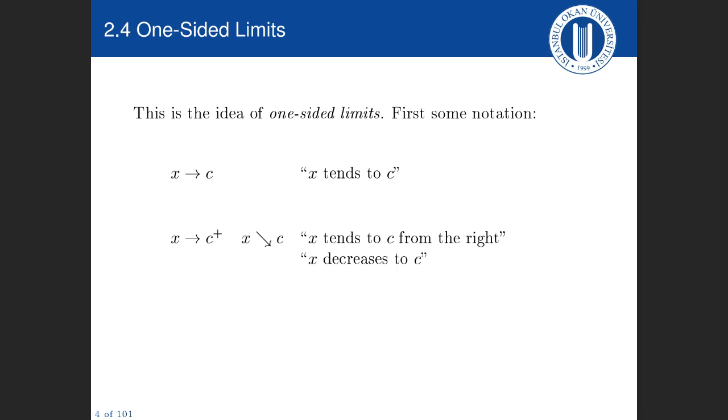If I write x arrow c superscript plus, or there's another way of writing the same thing, I could write x and then a rightwards and downwards pointing arrow c, that means x tends to c from the right, or x decreases to c. If I write x arrow c superscript minus sign, or x and then an upwards and rightwards arrow c, that means x tends to c from the left, or x increases to c.